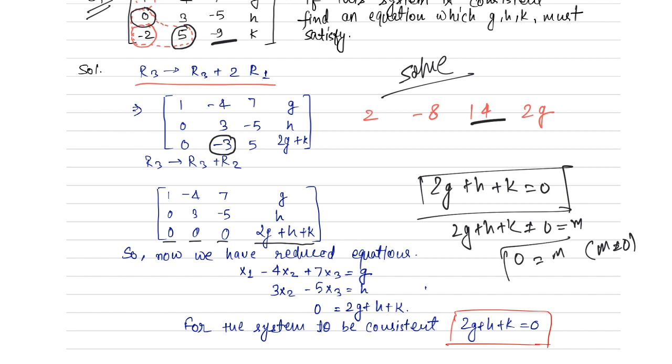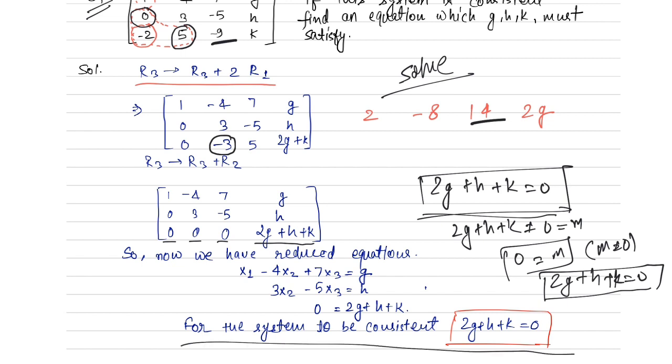That is not possible. So 2G plus H plus K must be equal to 0. I hope you have understood this. If 2G plus H plus K is not equal to 0, it gives 0 equal to some non-zero value, which is not possible. So 2G plus H plus K must be equal to 0, and that is the relation between G, H and K for this system of linear equations to be consistent.